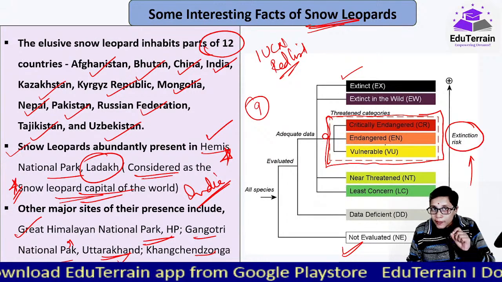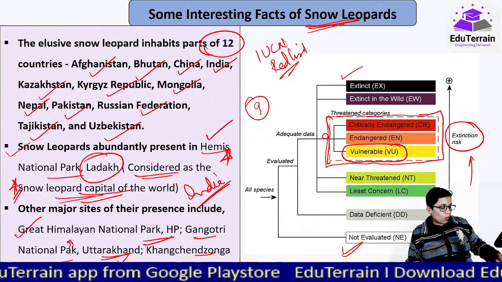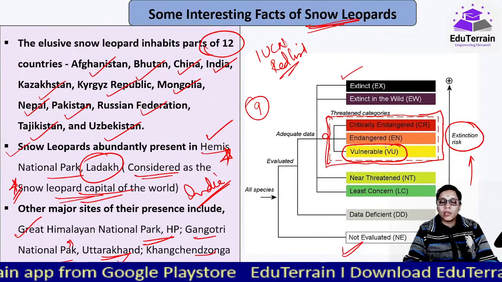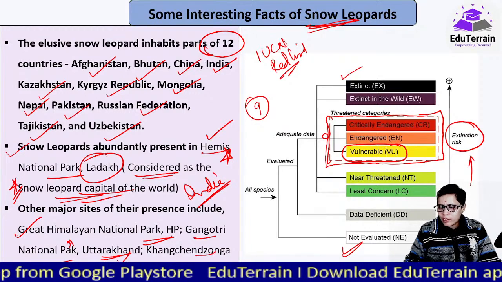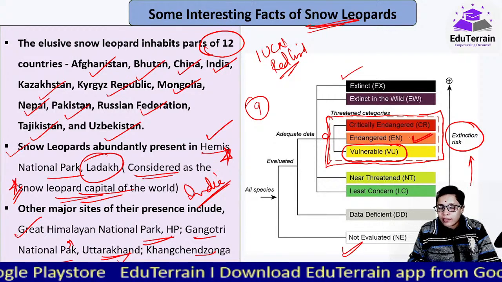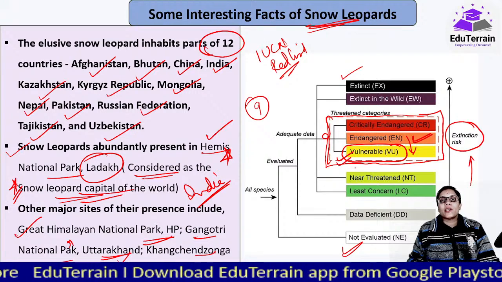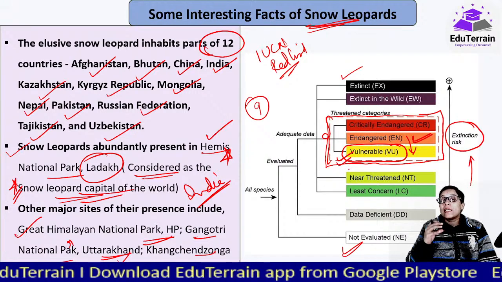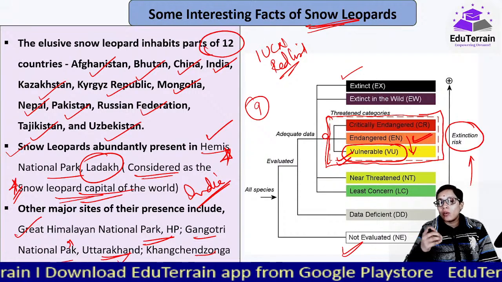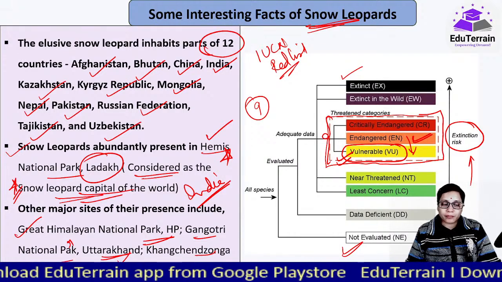So here in this case, snow leopard falls under the vulnerable category. A couple of years back this was in the endangered category, but very recently they have changed it to vulnerable. So it means that whatever conservation measures all these countries are taking, that has come out fruitful.